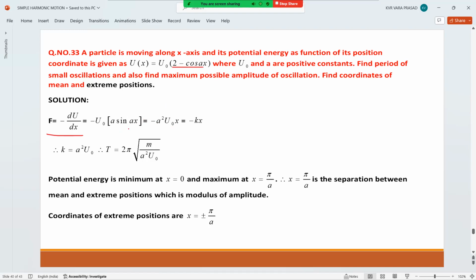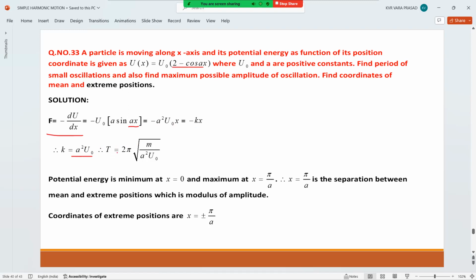Since ax is very small, sin ax becomes ax. That's why it is minus a square U naught x. So it is of the form minus kx. Therefore, the k value is a square into U naught.